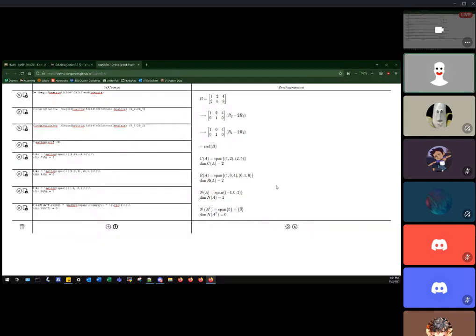From the row space, we see that the number of pivot rows is 2. So the number of free rows should be 2 minus 2, which is 0. And the span of 0 vectors is just the 0 vector. So the dimension of that space will be 0.